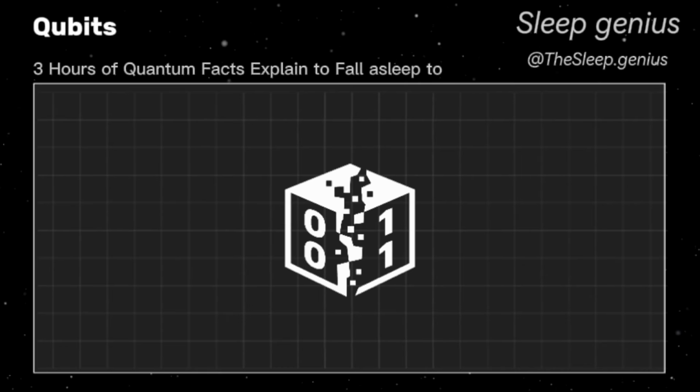Qubits. In the quiet depths of quantum theory, the qubit emerges as a concept both elegant and perplexing. Unlike the classical bit, which exists decisively as either 0 or 1, a qubit embodies a state of potentiality, hovering in a liminal space between certainty and ambiguity.